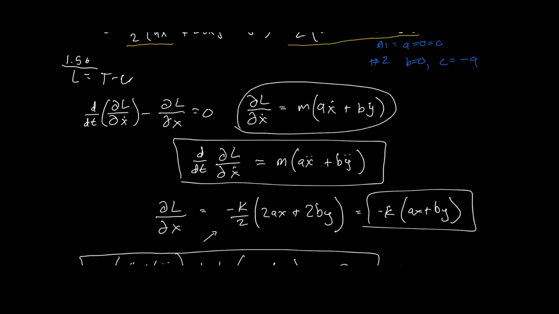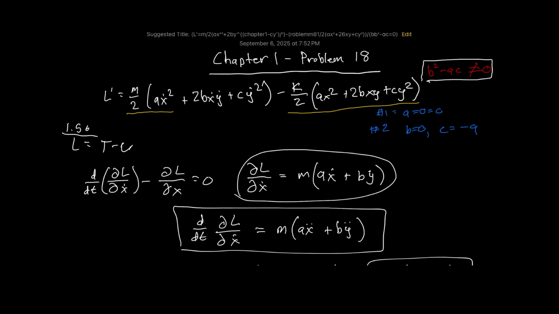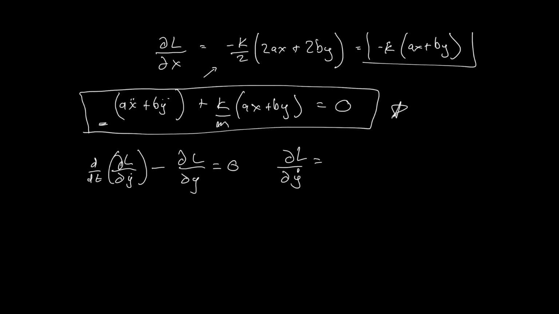And what's that going to be? So we have m over 2, and then with respect to y dot. So there's a y dot here and there's a y dot here. So that's going to be 2b x dot plus 2c y dot. Okay, so let's just write that out.